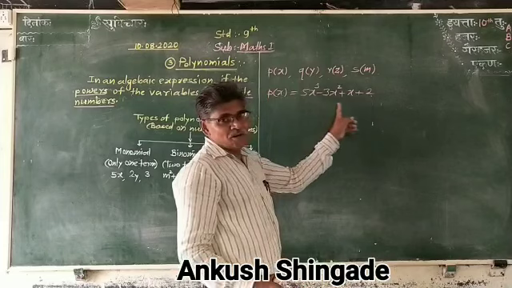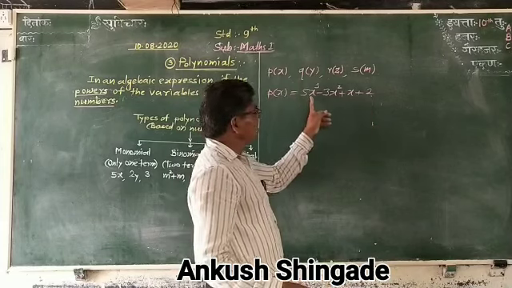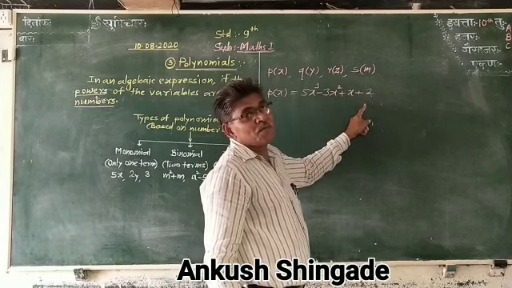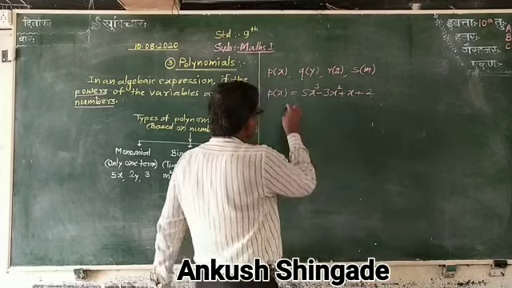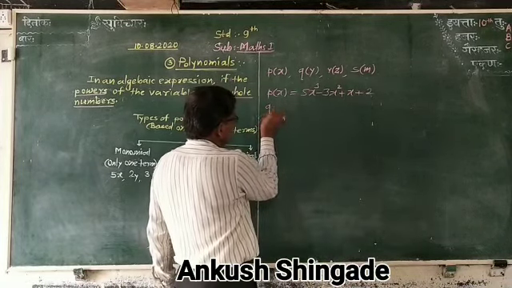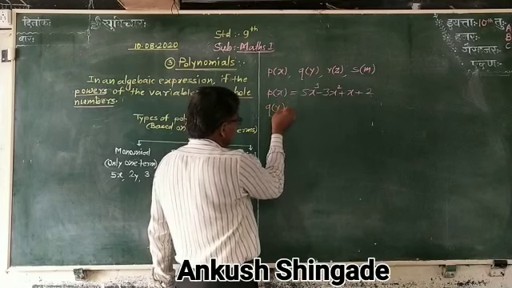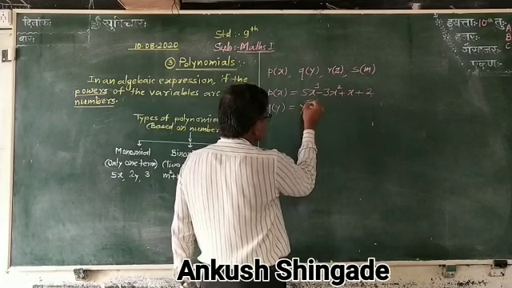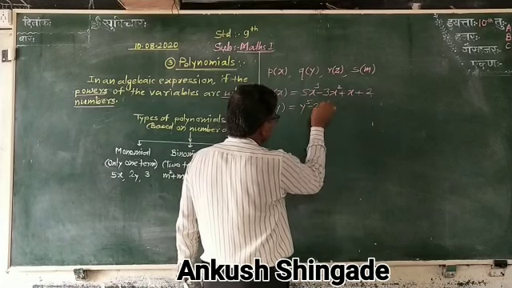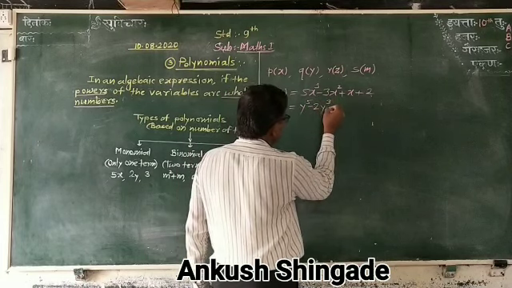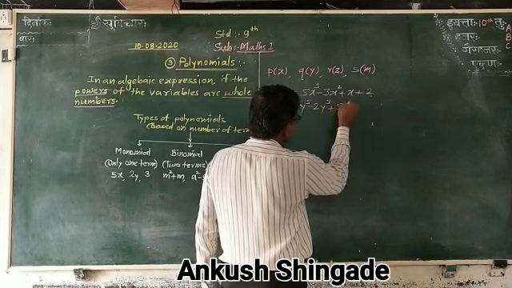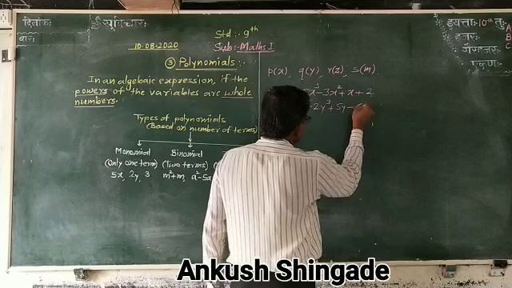So p for polynomial, x for the variable which is used in that polynomial, or q(y). Suppose here y raised to 5 minus 2y raised to 3 plus 5y minus 6.